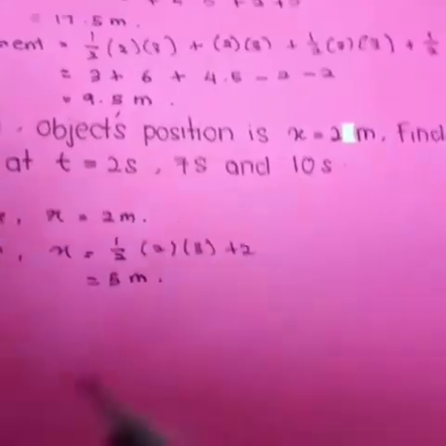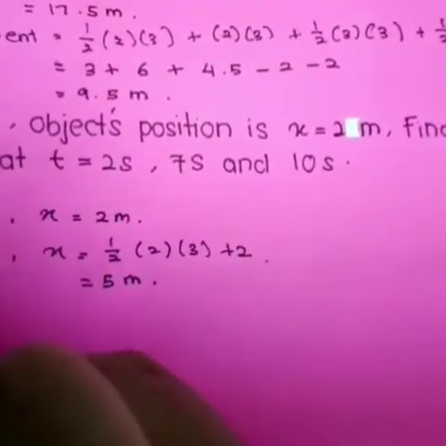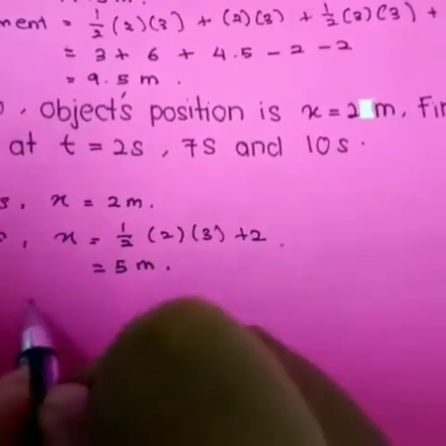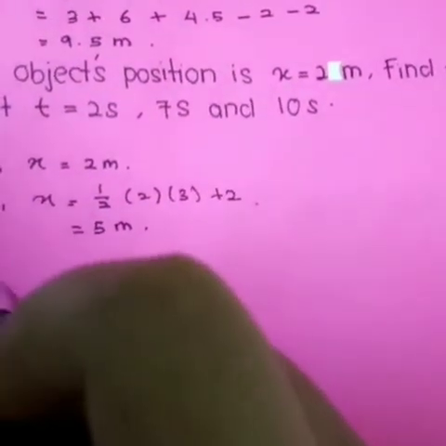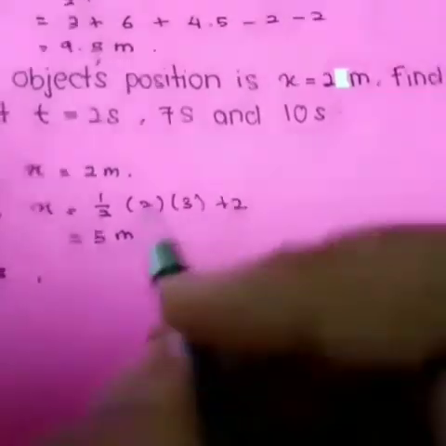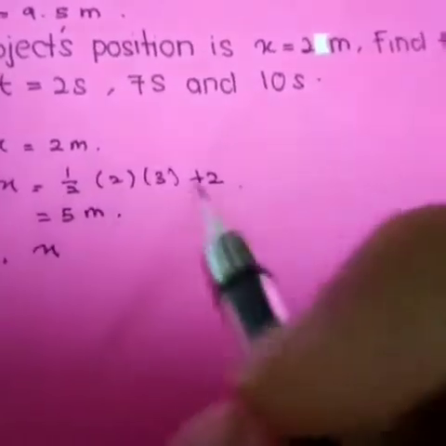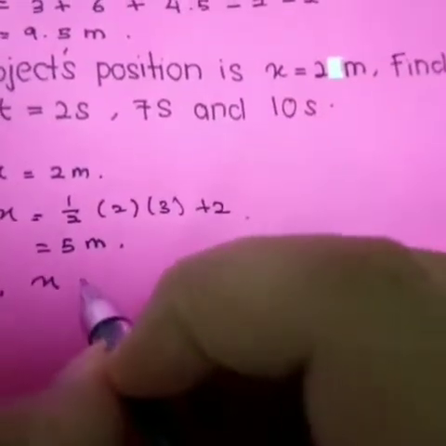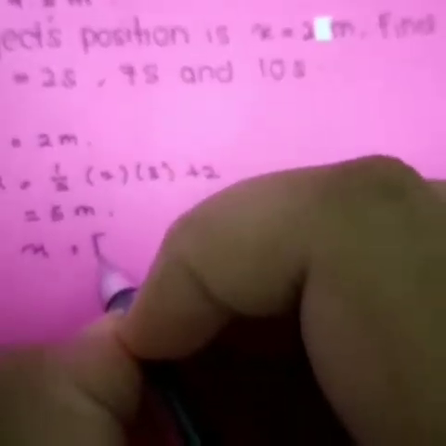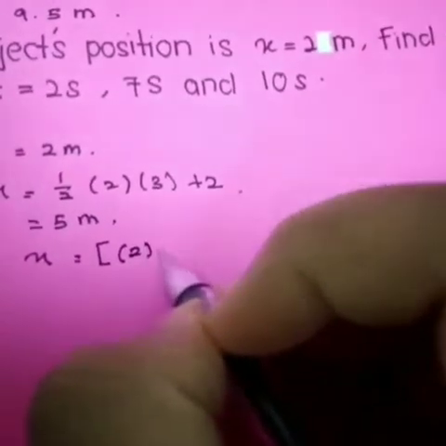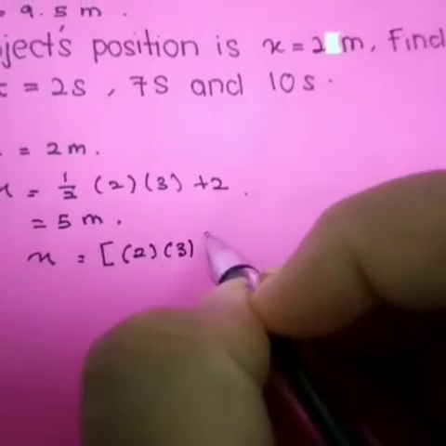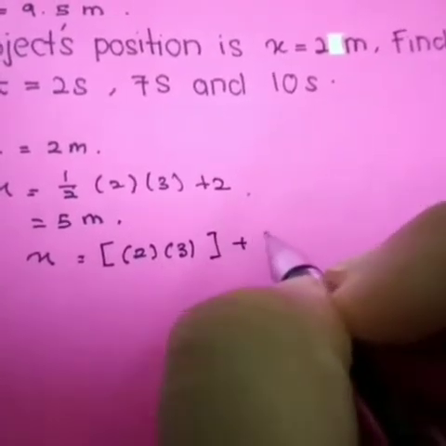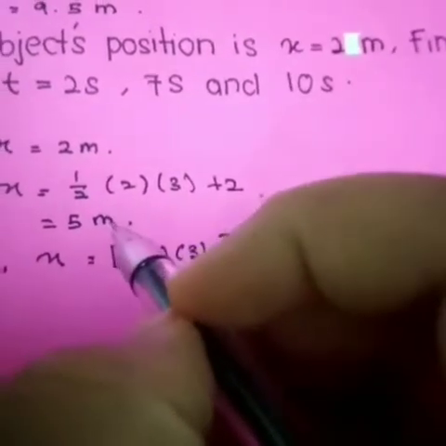So we get 5 m. So for t equals 4 seconds, x, we need to use the same formula. So 2 times 3 plus 5 using this.